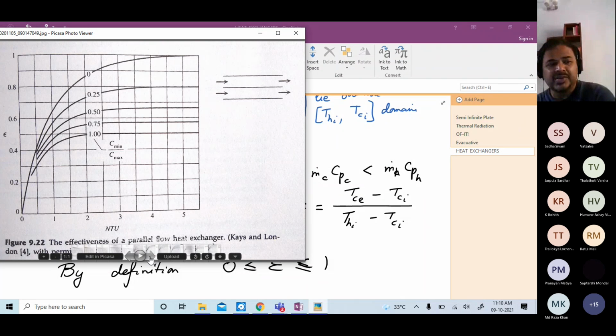You have NTU on the x-axis, epsilon, the effectiveness, on the y-axis, and then you have the ratio of the m dot Cp's, smaller over larger, which they call C min over C max.